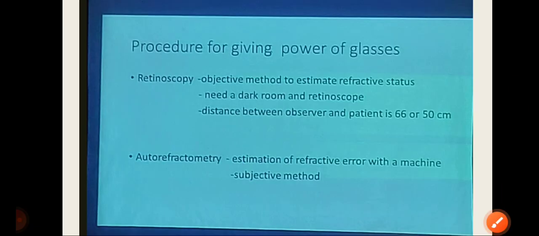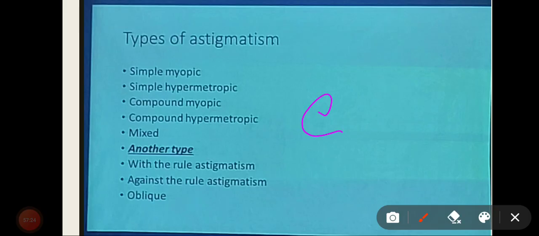So you can remember with a mnemonic, CVVC.